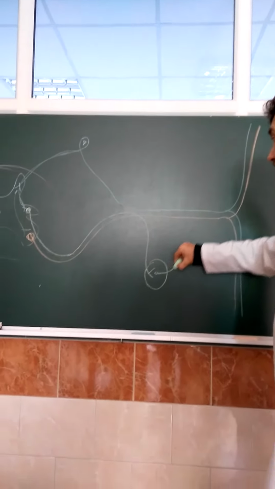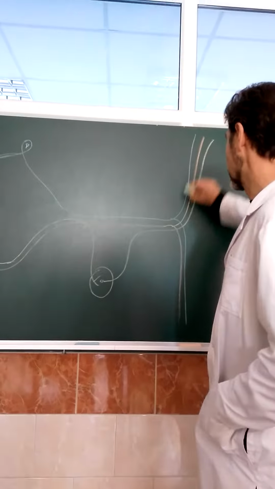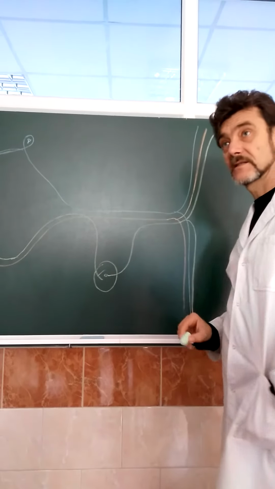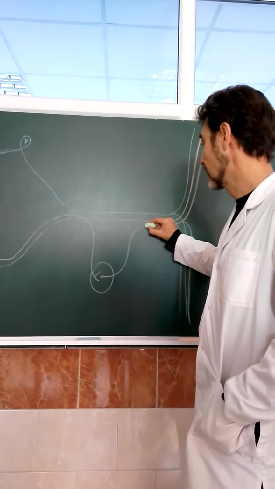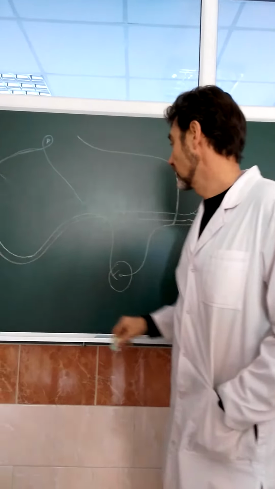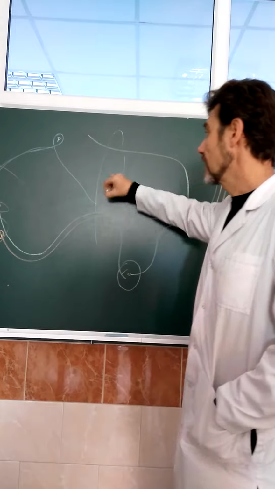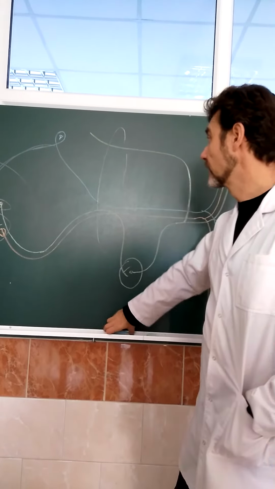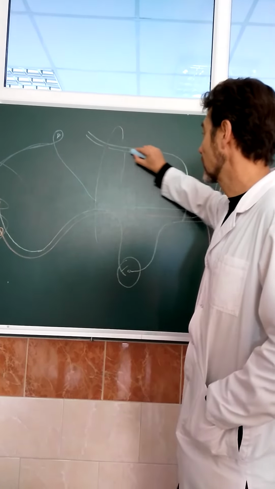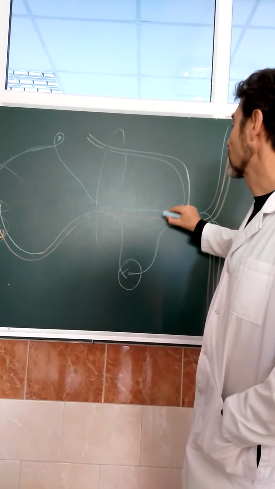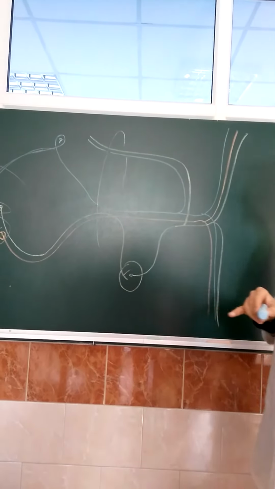Postganglionic fibers go in this direction and come back to the intervertebral foramen together with somatic and autonomic sensory neuron. You see?